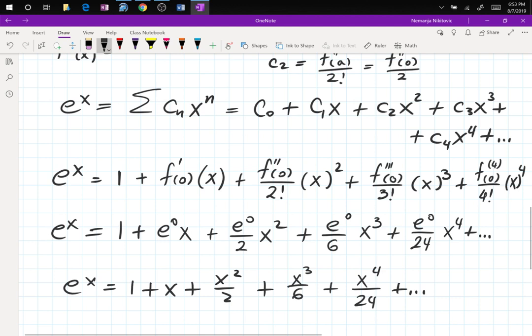What I did is I converted the exponential function into a polynomial function, and then I can decide which amount of terms I want to keep.